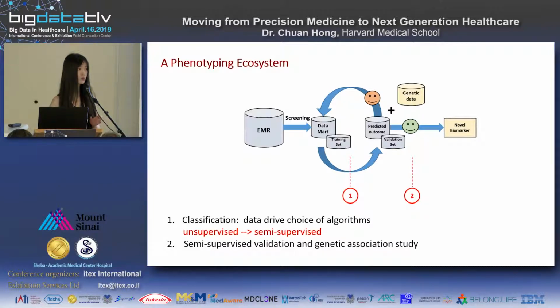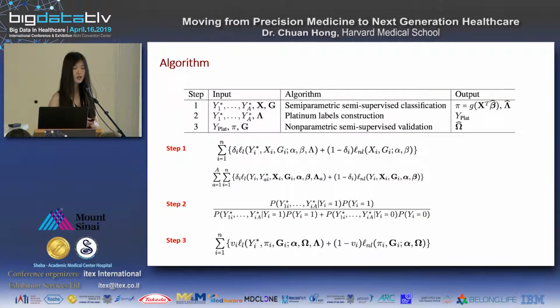That is, we use one model to get our validation result and also our genetic association result. Here are some details of my model, and I will not go into the details of this, but if you are interested, I can discuss it with you more.